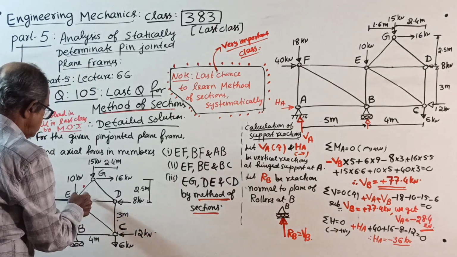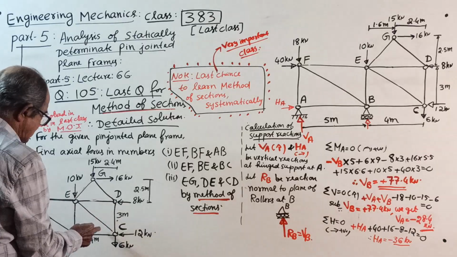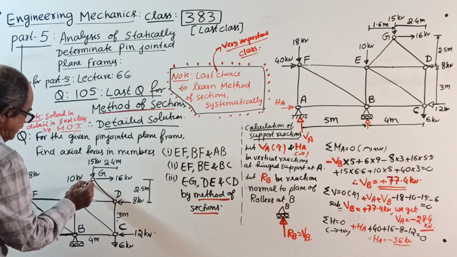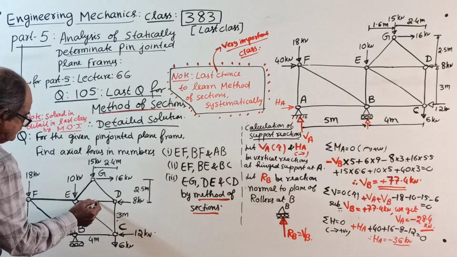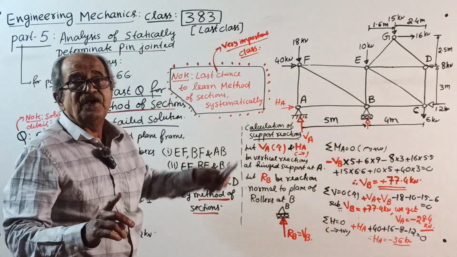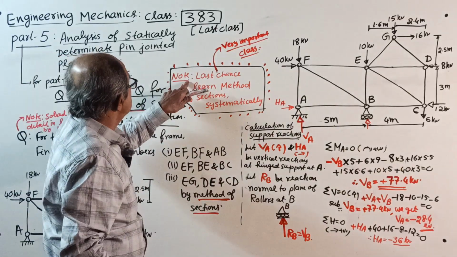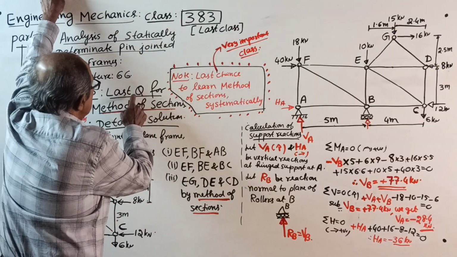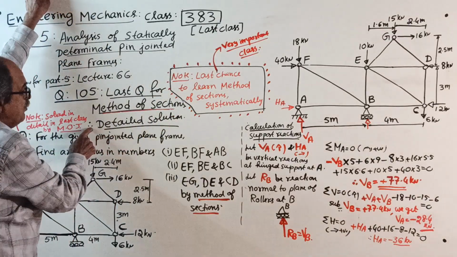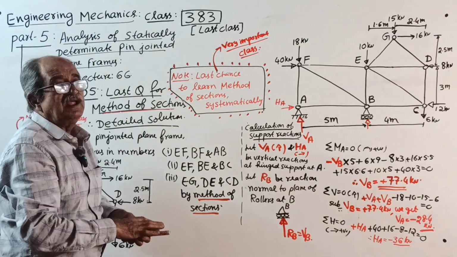Okay. Now, I will explain again later. Some statement I will tell now before I start. Very important. Class. Note. See, I told you last question for method of section. Therefore, I am going for a detailed solution.